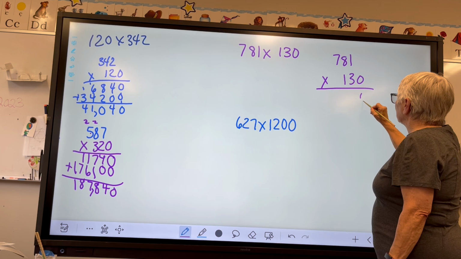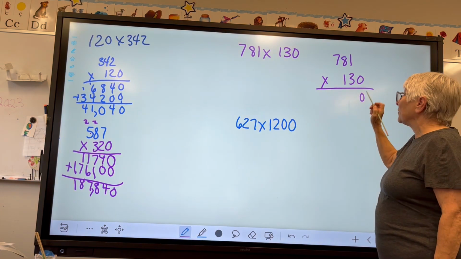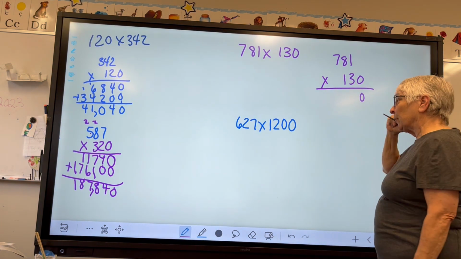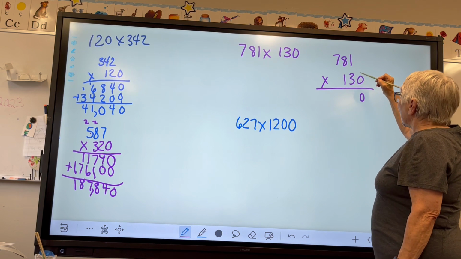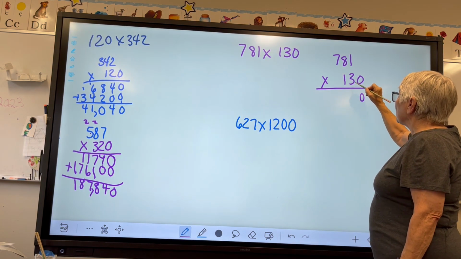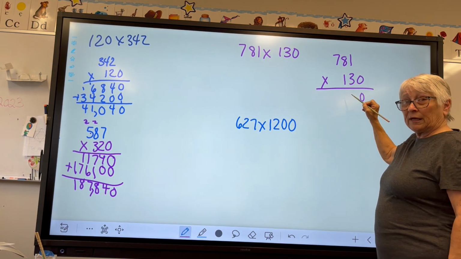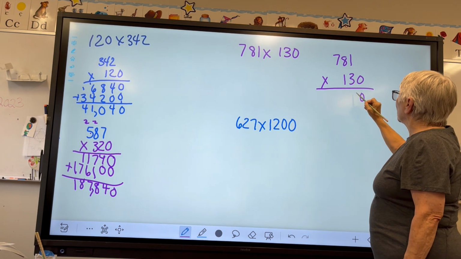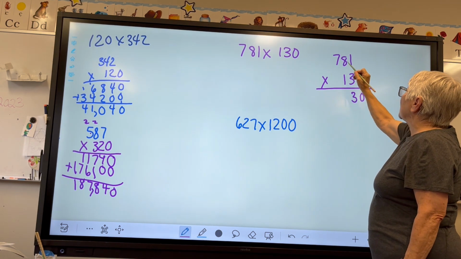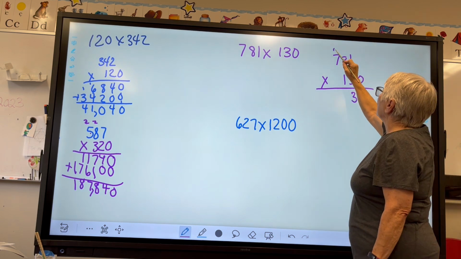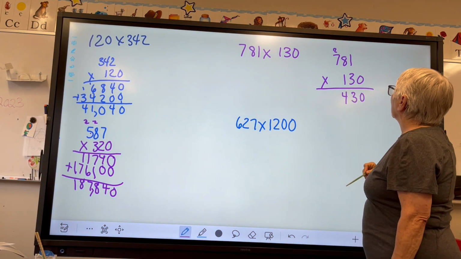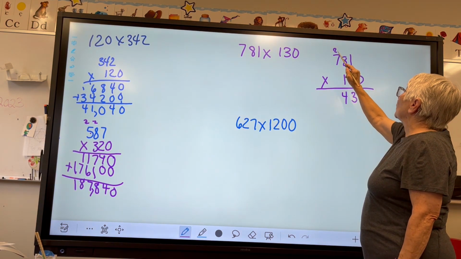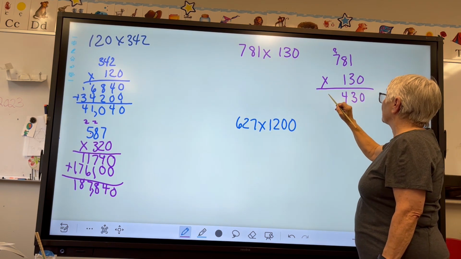And I bring that 0 down, so I've now multiplied by the 10 that's represented by that 0. Then I start with the 3, and the first number I multiplied the 3 by has to go directly under the 3. 3 times 1 is 3. 3 times 8 is 24. Carry the 2. 3 times 7 is 21, 22, 23.